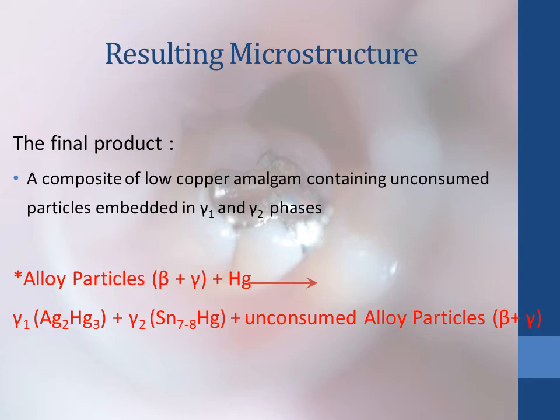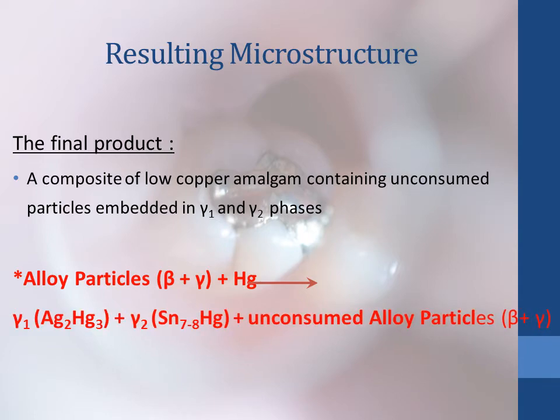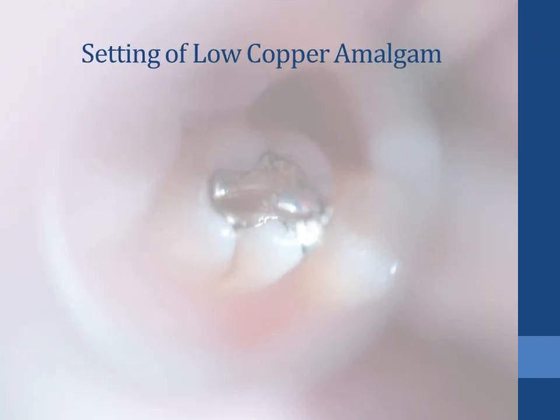Alloy particles beta and gamma plus mercury equals gamma 1, which is the silver mercury, plus gamma 2, which is tin and mercury, and the unconsumed alloy particles, which is again beta and gamma. So this is very important. You have to know the complete setting reaction and the equation of all the types of amalgam.